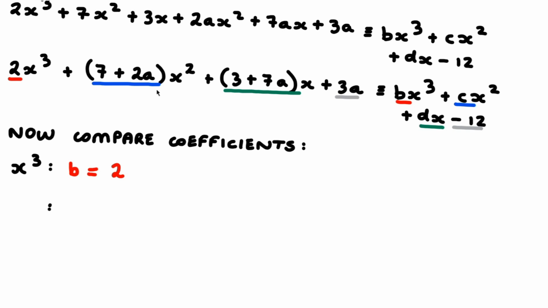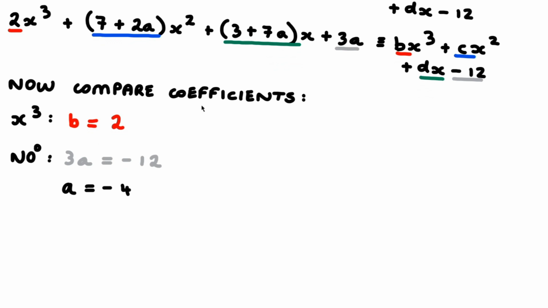So let's actually compare the numbers at this point. 3a equals minus 12, which means a equals minus 4.